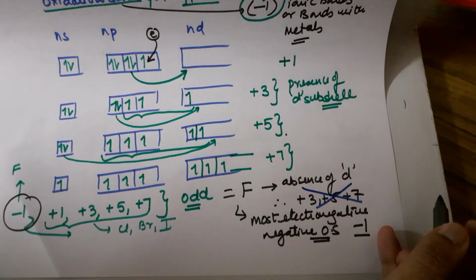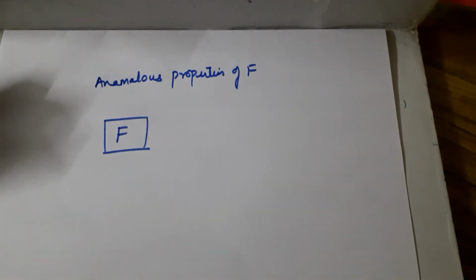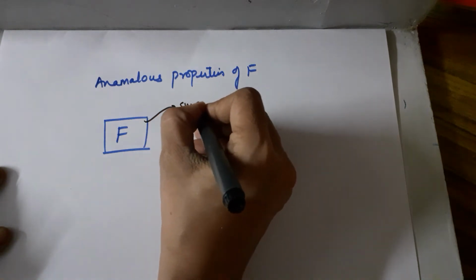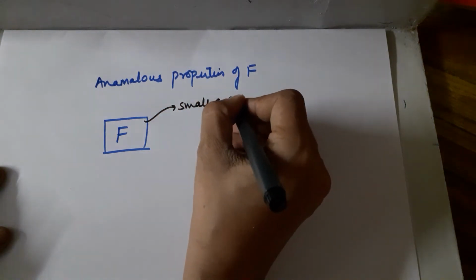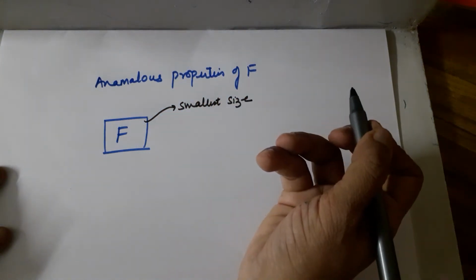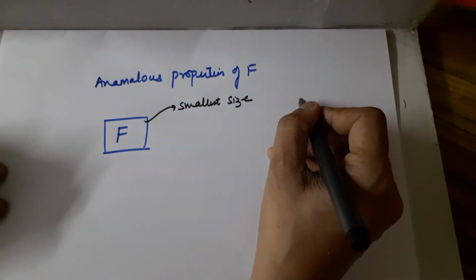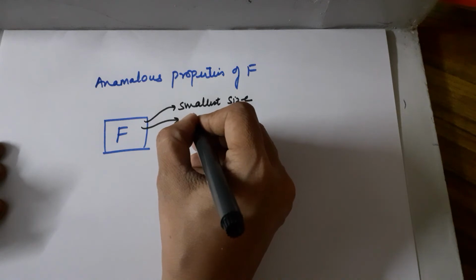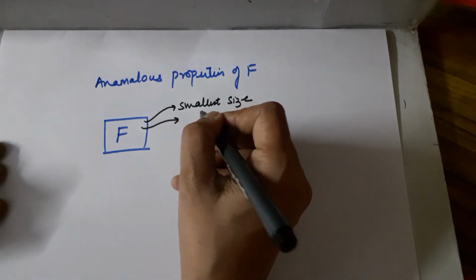Fine. Moving on to the anomalous properties of the first member, which is fluorine. It has the smallest size. Also in the periodic table towards right, as you move, the size becomes less. Since the size is small, its delta electron gain enthalpy is going to be high.